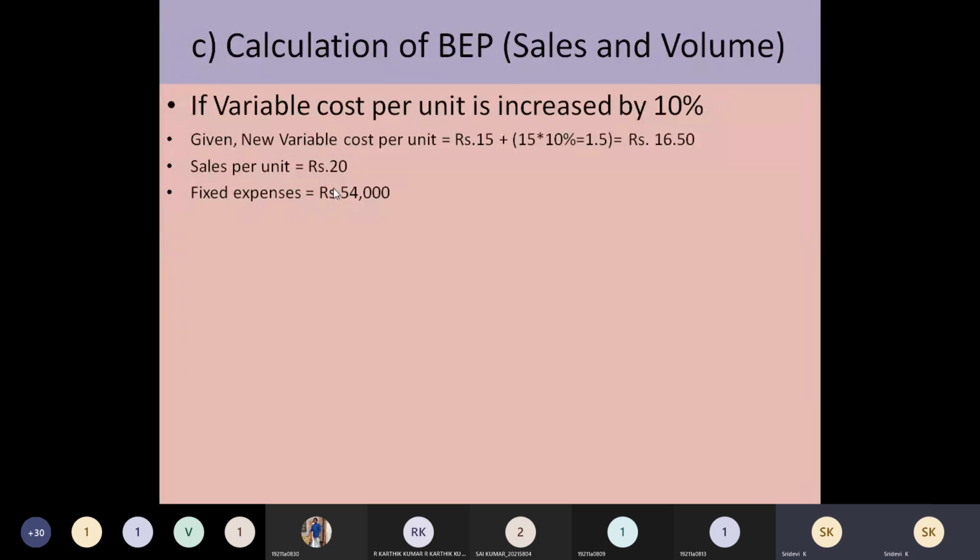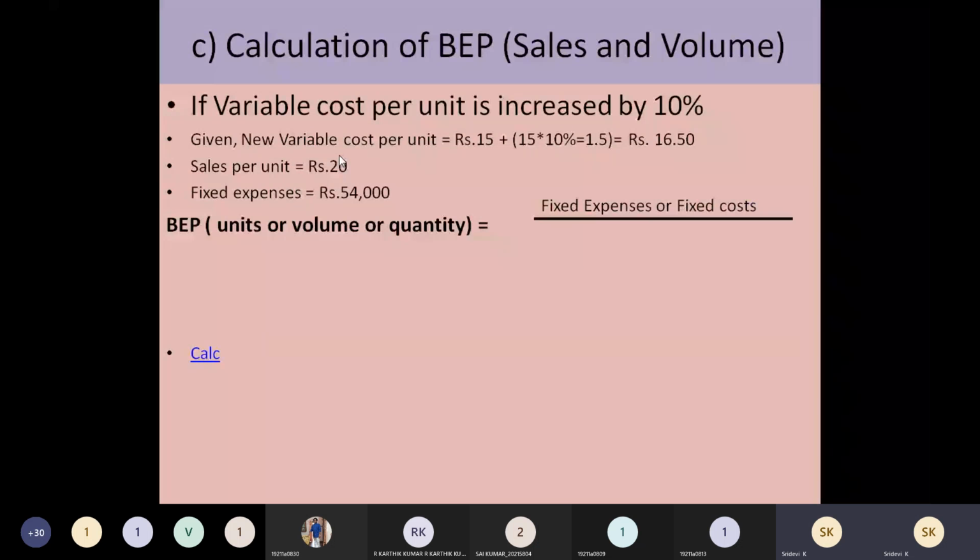Now every piece of information is clear, so you can do this directly. BEP in units, take the formula. You need not always write it; once you write it, that is enough in one question. But to make it clear, I am taking it here.